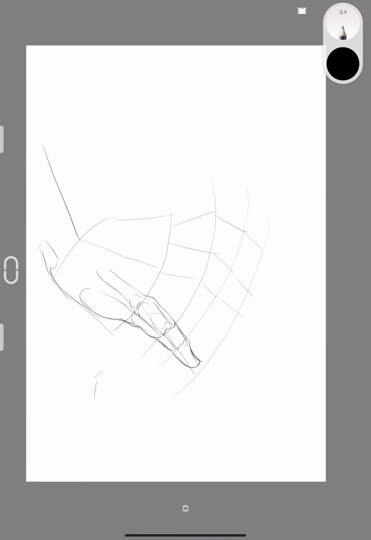Then moving towards the ring finger, you can see that there's a space between the pinky and the ring finger. The space is a little bit bigger, meaning there will be a negative space in between, and the skin will actually pull on the hand. So you can look at that skin pull on the side, but on this bend I've again got this knuckle structure moving across that finger.